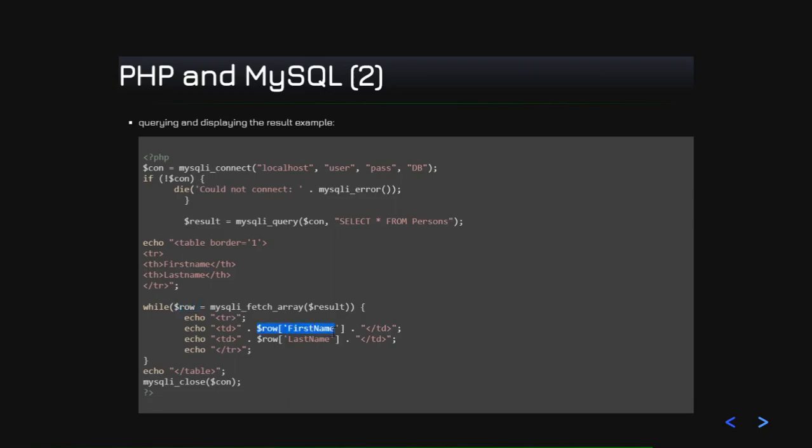So for instance, here I need the first name of the current record and the last name of the current record, and I write them in a table row, and I do this in a loop so that I create a table with the first name and last name of each record from the persons table. And then I close the table, and then I close the connection. So quite easy. I'm going to show you an example of this in a couple of minutes.